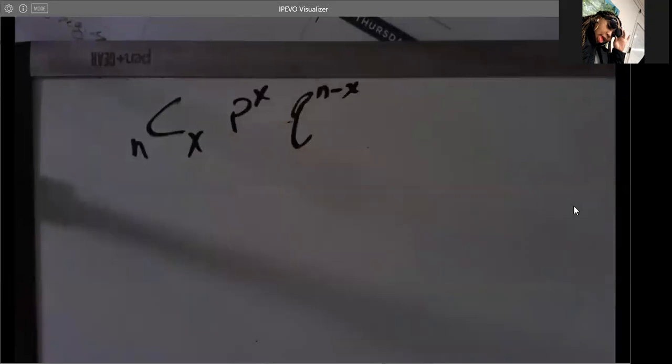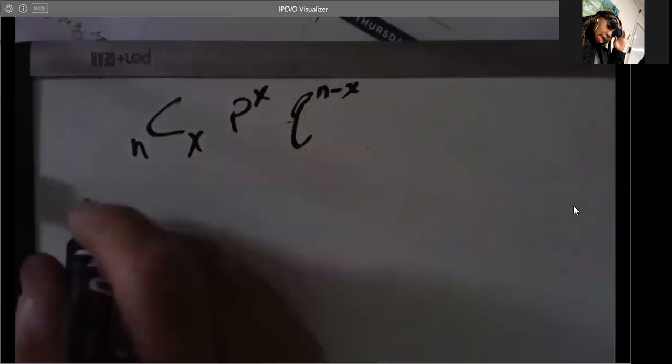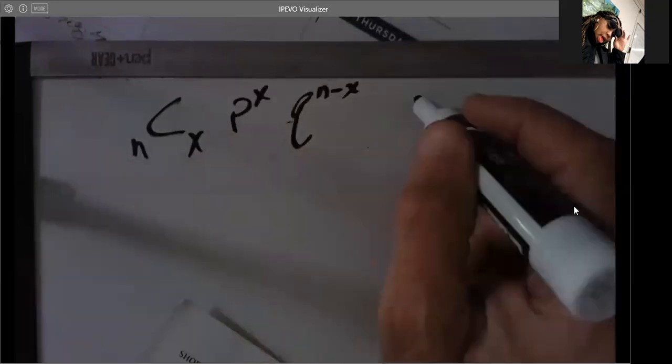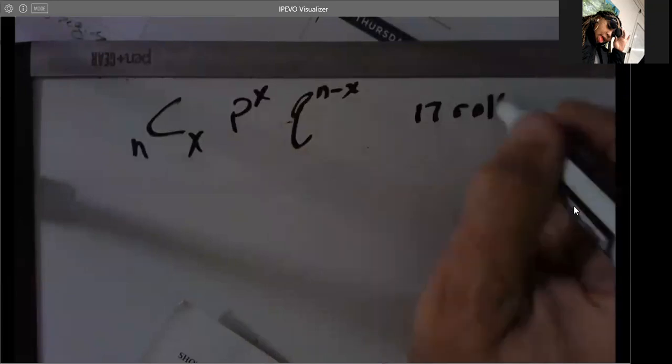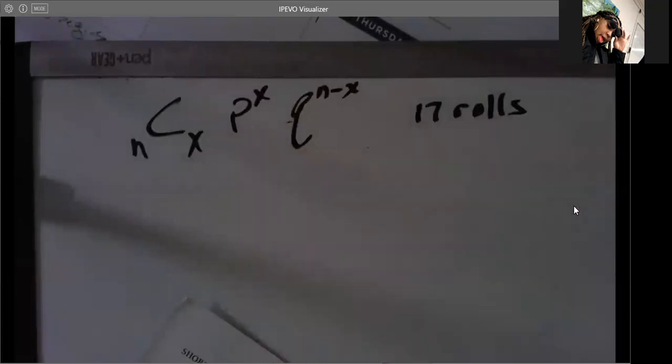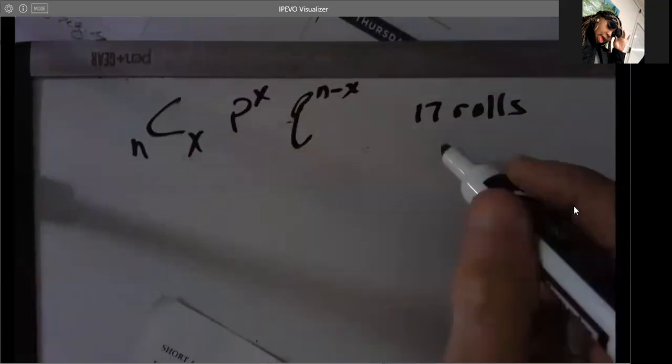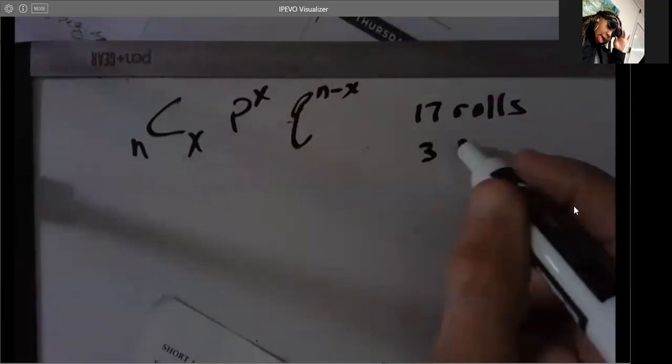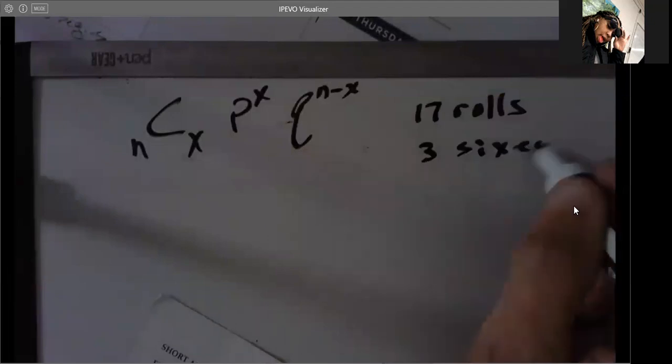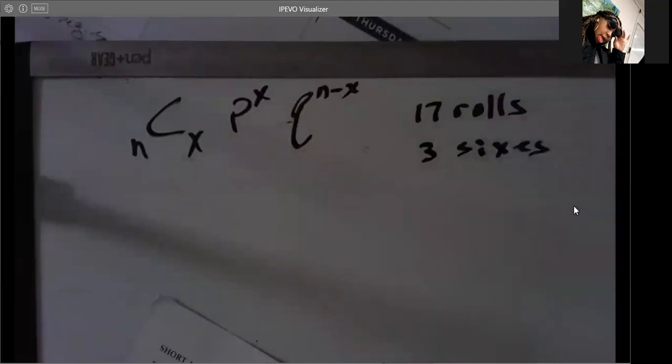All right. So we've got 17 rolls on a fair dice showing 3 sixes. So if we roll the dice 17 times, we want to know how many times we roll a 6.